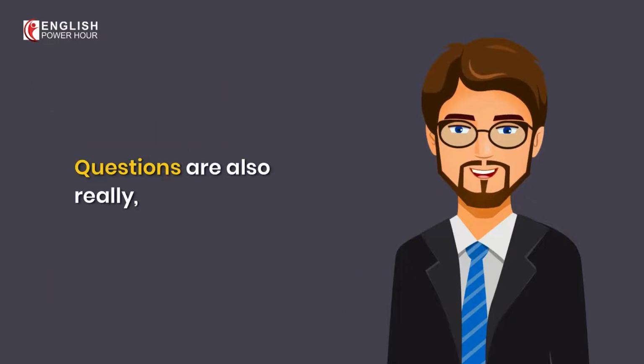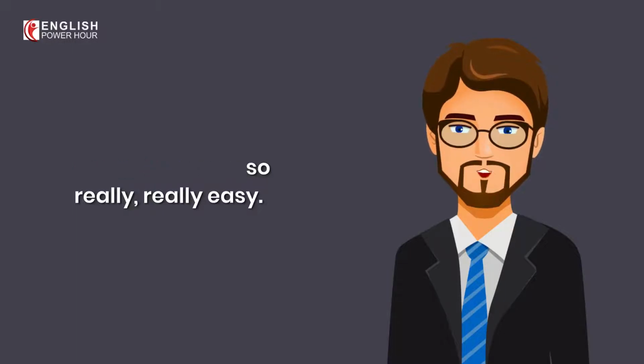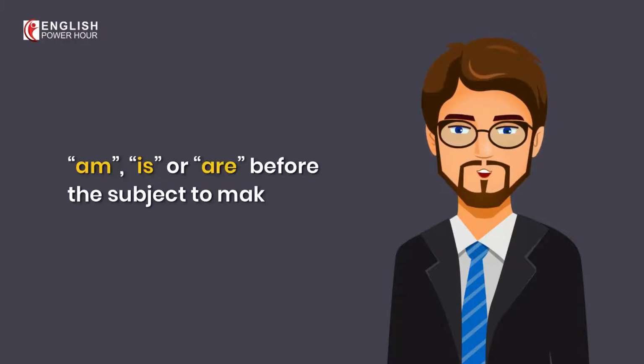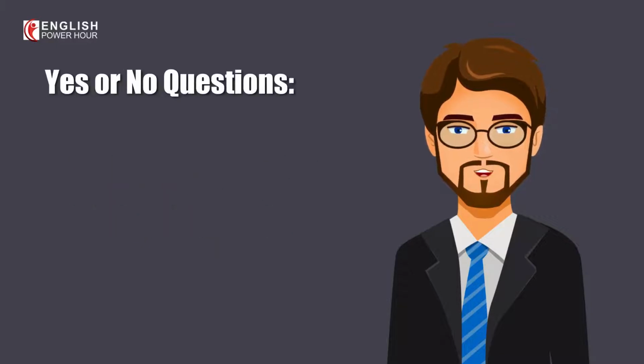Questions are also really easy. Just like we practiced making a question with be in the present simple. Here we also put am, is, or are before the subject to make a yes/no question. For example, yes or no questions.